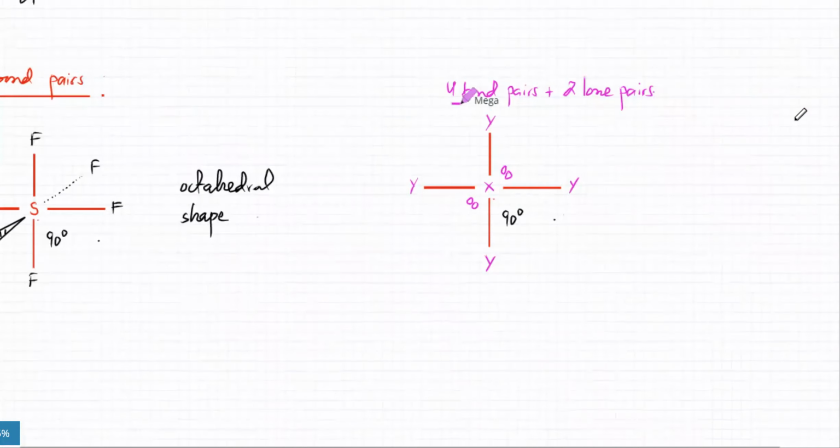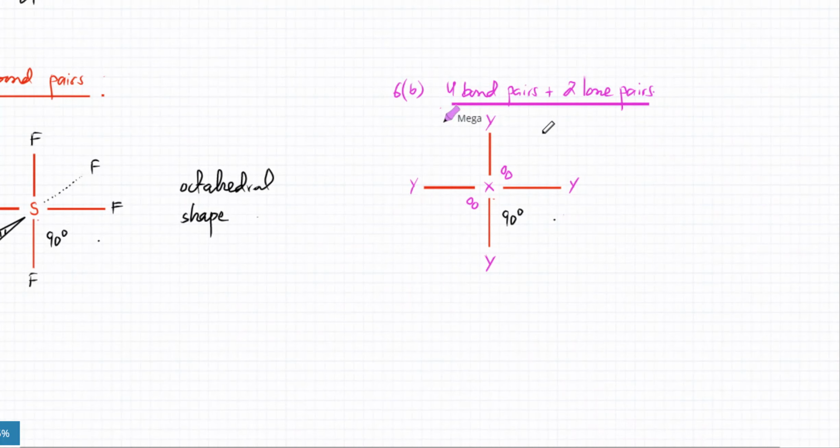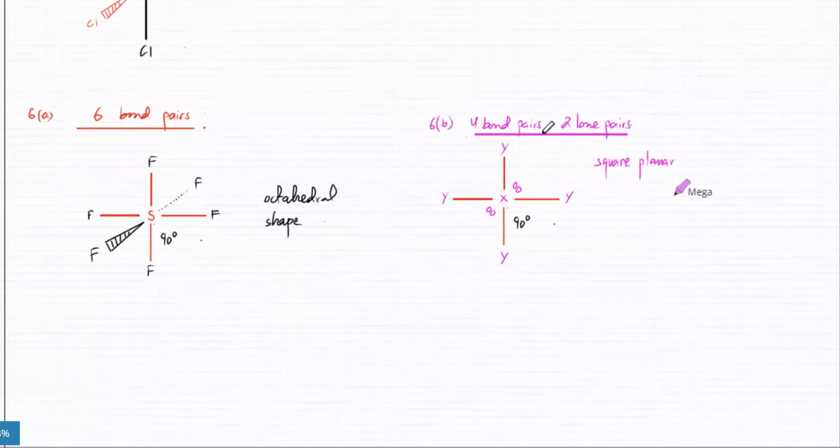So that is 6 part B. So now in 6 part B, you've got 4 atoms, so it's going to be completely flat. This is going to be square planar, and the angles are still 90 degrees, except that the Z dimension is missing now. Because behind that, there's no atom attached. In front of it, there's no atom attached. It's just one bond on the right, left, and one at the bottom.